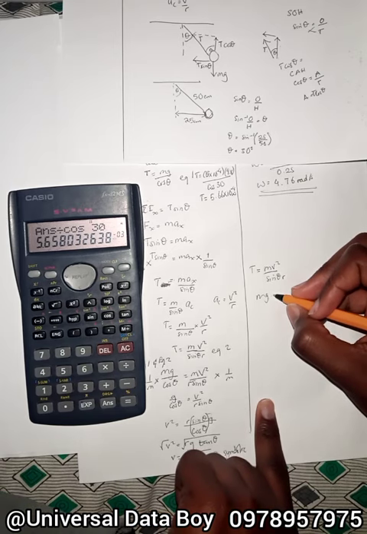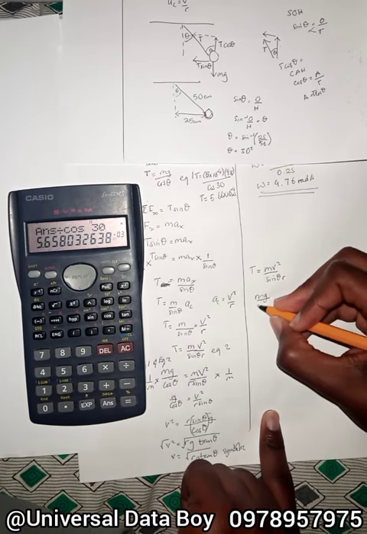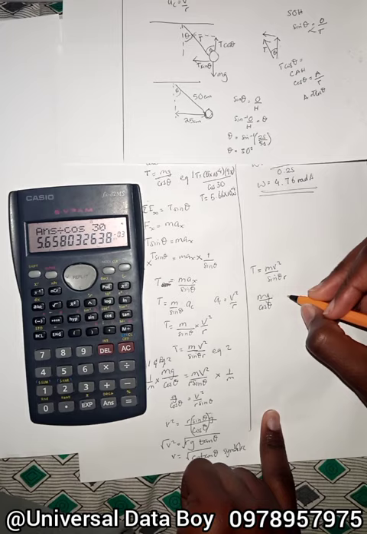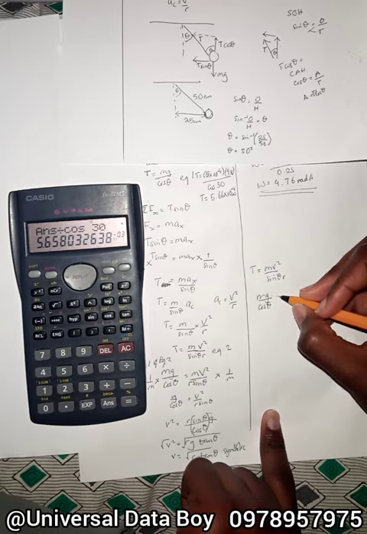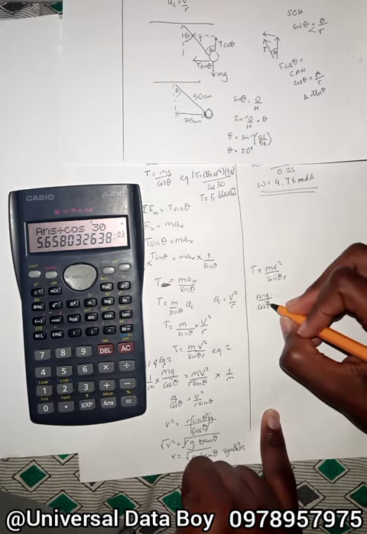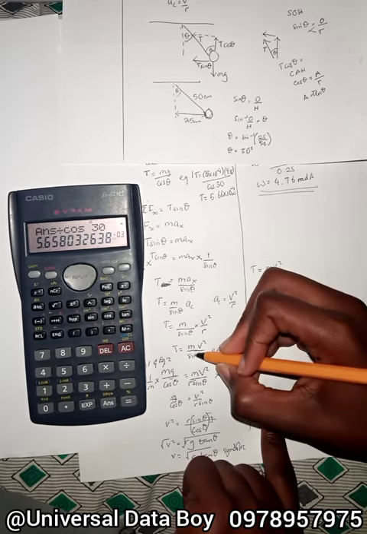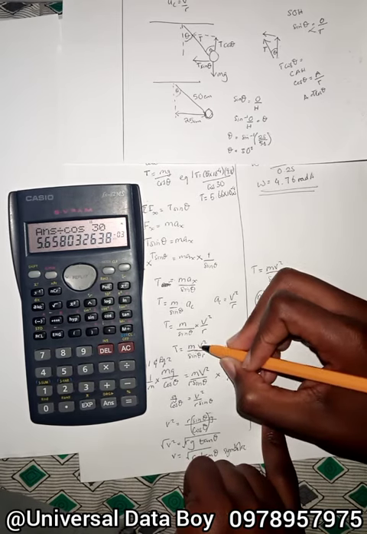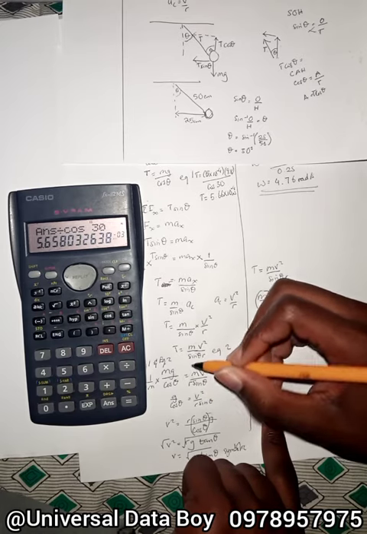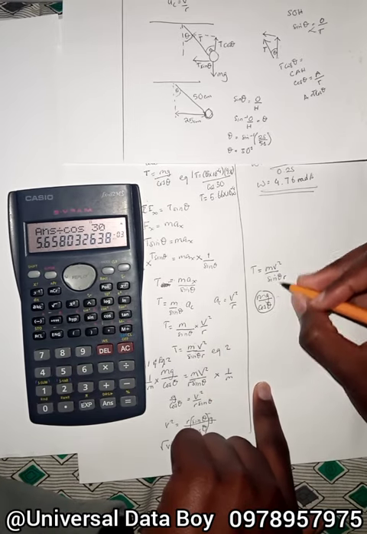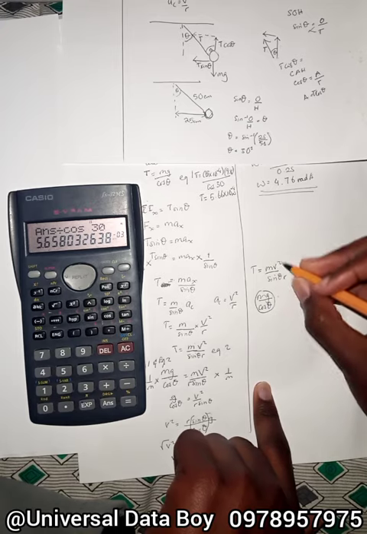We can find something, mg over the cos of theta. But for this one specifically, we've already found this figure, so these m's will not cancel. Yeah. So now we're just going to make v the subject of the formula here.